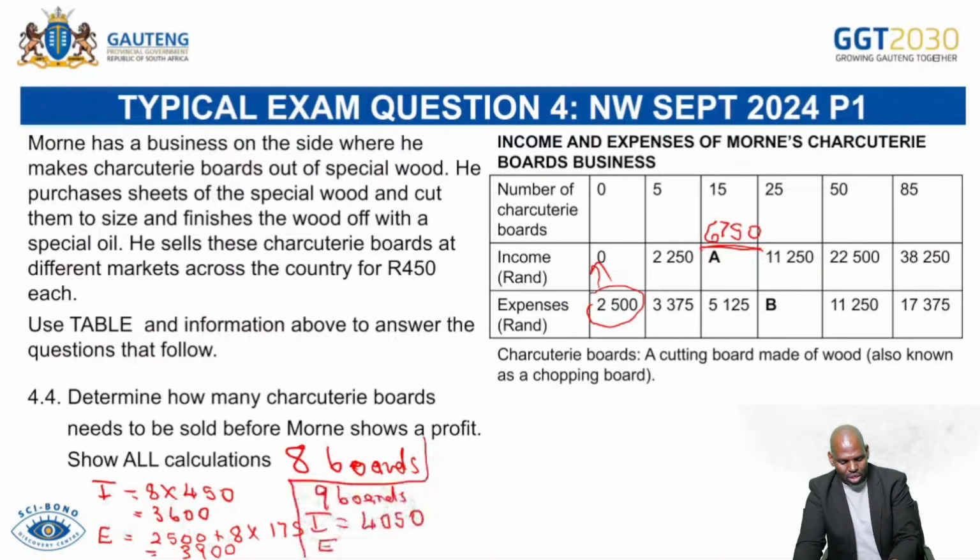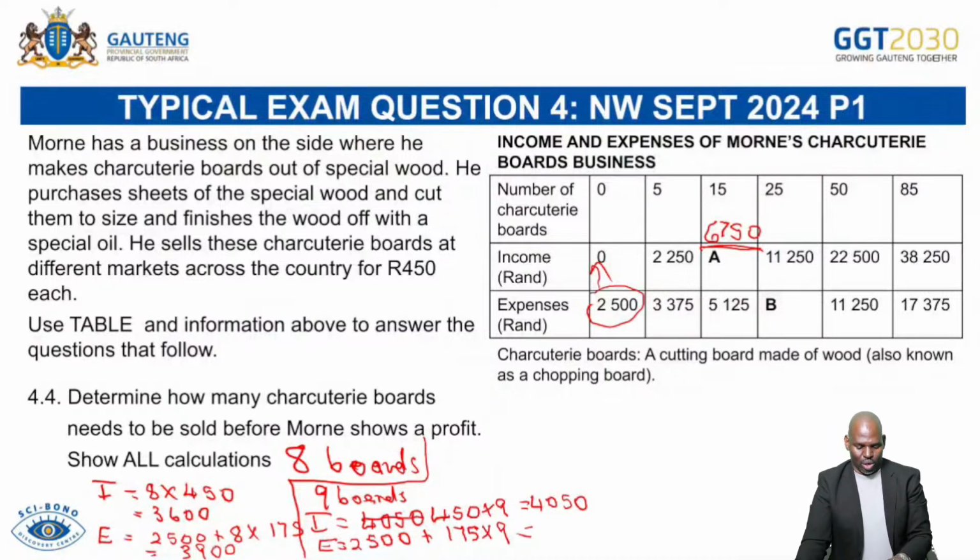Expenses means I must say 2,500 plus 175 multiplied by 9.